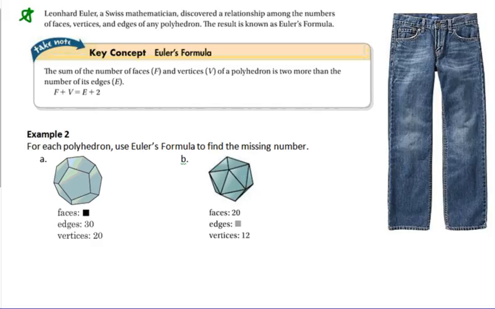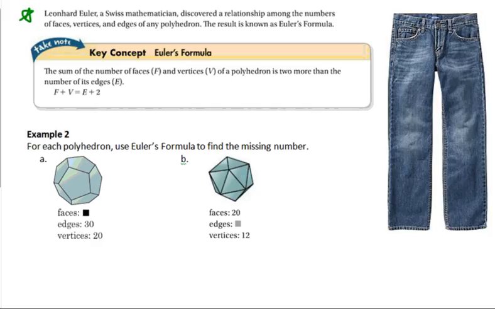The sum of the number of faces and vertices is 2 more than the number of edges. So if you add up the faces and the vertices, that's going to be 2 more than the edges in every single polyhedron. It works for every one.